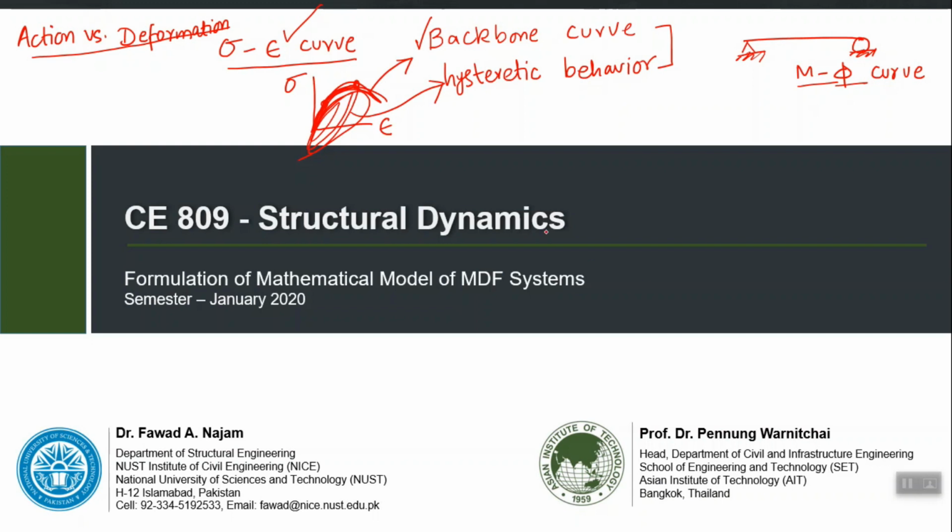Actually there is a specific reason why it is called backbone, because cyclic behavior always sticks to that backbone, to that monotonic curve.